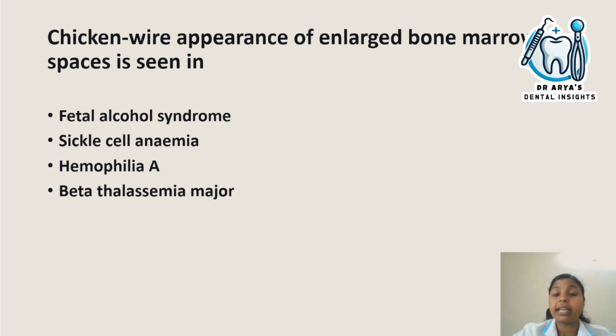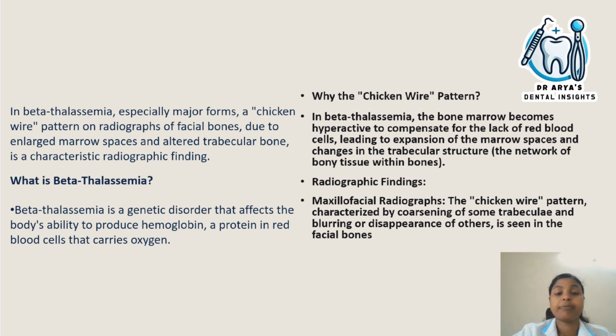Chicken wire appearance of enlarged bone marrow spaces is seen in fetal alcohol syndrome, sickle cell anemia, hemophilia A, or beta thalassemia major. So in beta thalassemia, especially major forms, the chicken wire pattern on radiographs of facial bones, due to enlarged marrow spaces and altered trabecular bone, is a characteristic radiographic finding. It is a genetic disorder that affects the body's ability to produce hemoglobin, a protein in red blood cells that carries oxygen.